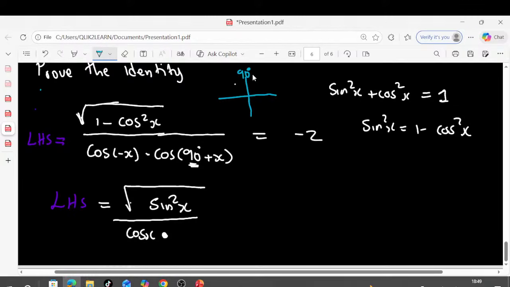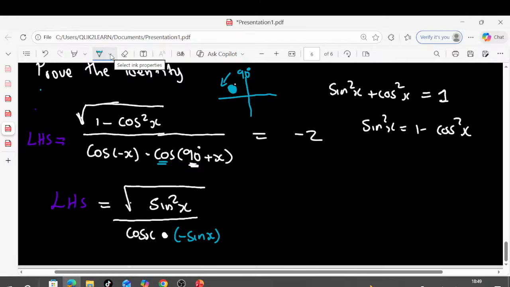So when we add, we go this direction. So it is in quadrant 2. How is cos in quadrant 2? It's negative. So this will change into negative sine of x. Because it's a co-function, cos changes to sine. But you check, how is cos in quadrant 2? It is negative. So this will change into negative sine x.